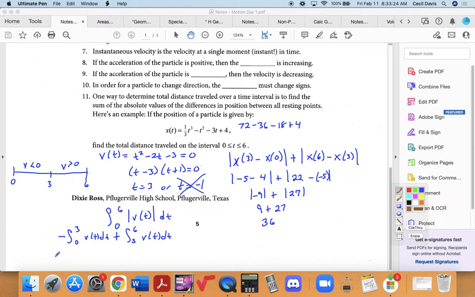Oh, well, that's nice. So I'm going to have the opposite of 1/3 t cubed minus t squared minus 3t plus 4 from 0 to 3, plus 1/3 t cubed minus t squared minus 3t plus 4 from 3 to 6.